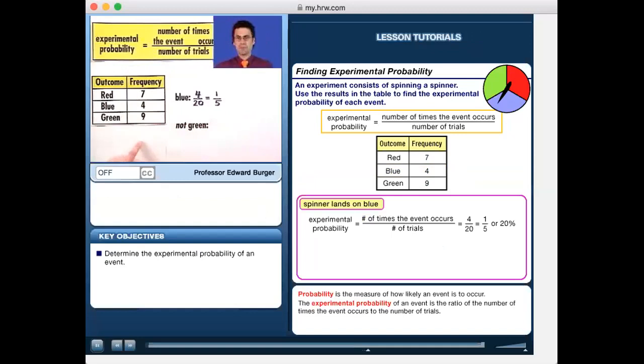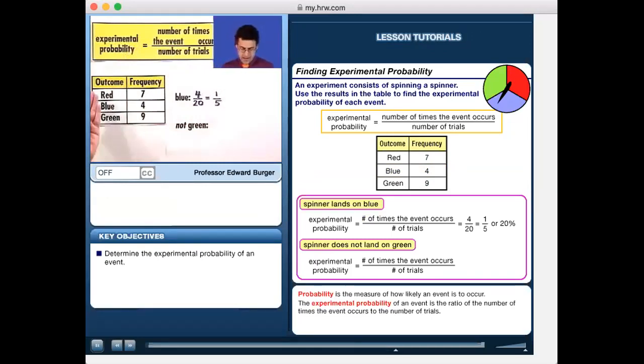What about the experimental probability of not seeing green? That's sort of funny because what does that mean? What's the total number of times the event occurs? That means the total number of times you don't see green. Well, you could see either red or blue, so we add up those 2 possibilities. We see 7 plus 4, which is 11. So there are 11 possibilities for when we did not see green out of the total 20.